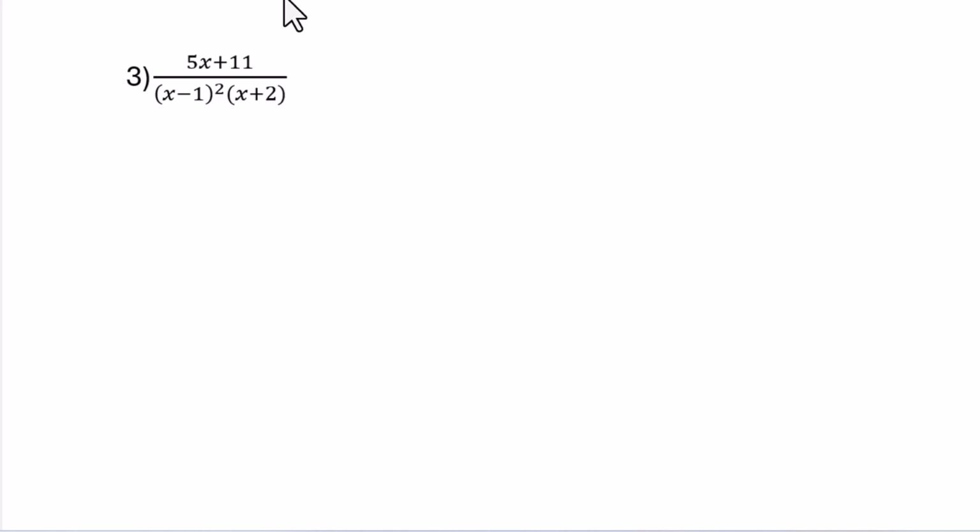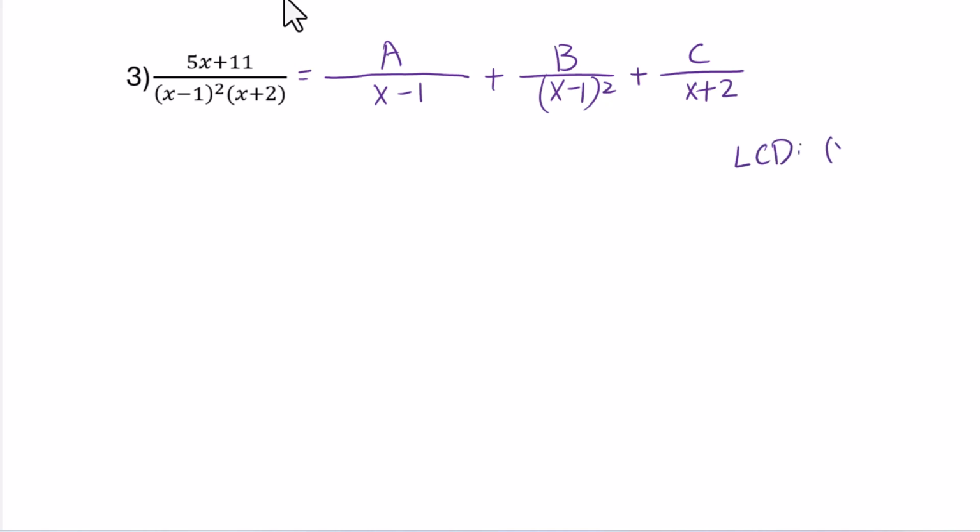5x plus 11 over x minus 1 squared times x plus 2. We will change this into partial fraction as a over x minus 1 plus b over x minus 1 squared plus c over x plus 2. So LCD is x minus 1 squared times x plus 2.